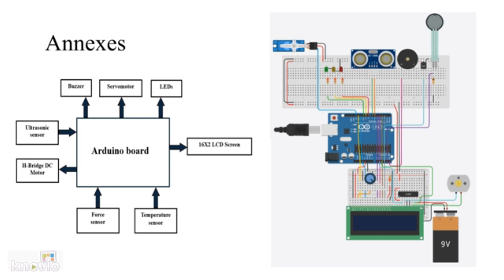Of course, these signals will provide something to these actuators. And in the drawing, we can also see the ultrasonic sensor, the force or weight sensor, and the temperature sensor. Those are the signals that come into the Arduino board.